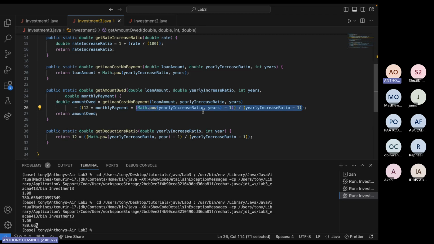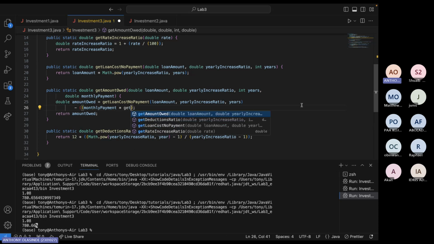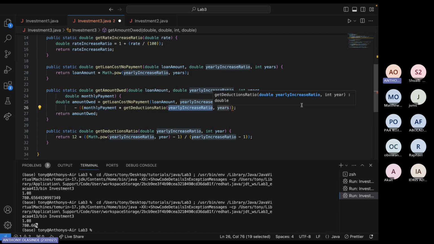Math.pow yearlyIncreaseRatio, year minus 1, divided by yearlyIncreaseRatio minus 1, which means we can say something like this: monthly payment multiplied by 12, same thing, right? I just interchange them. Then I can say everything like that is just getDeductionRatio, and we'll supply it with the yearlyIncreaseRatio and also the year. And I think one bracket is missing.